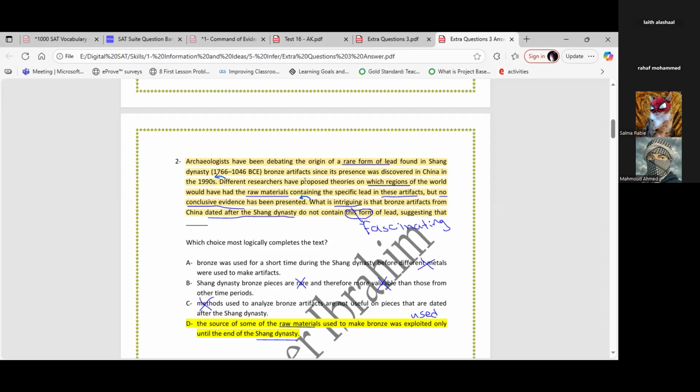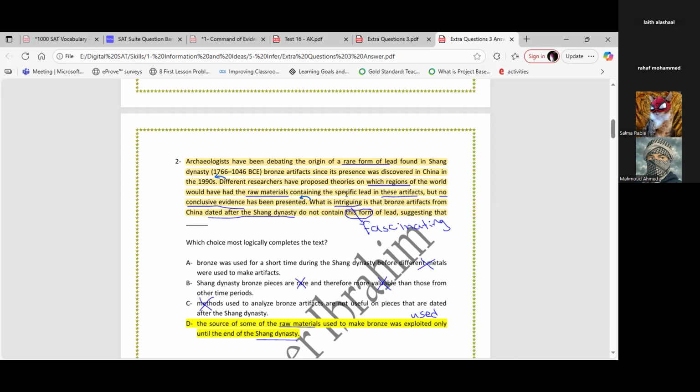Different researchers have proposed theories on which regions of the world would have had the raw material containing the specific lead in these artifacts, that is the rare form of lead. But no conclusive evidence has been presented. They didn't find any kind of material evidence.